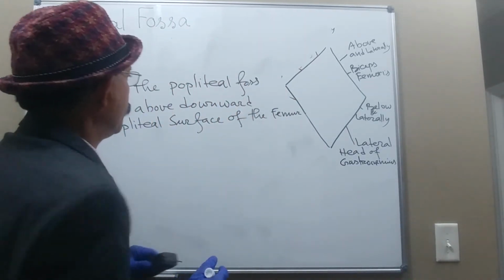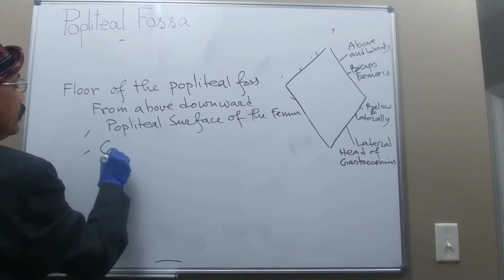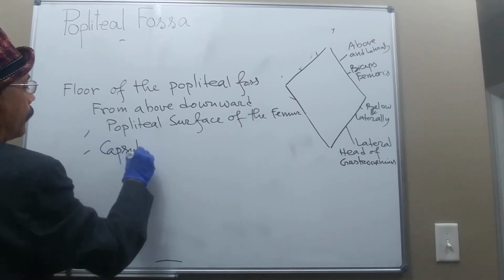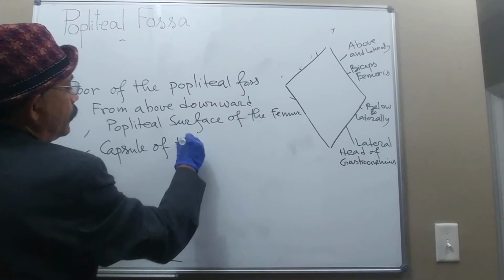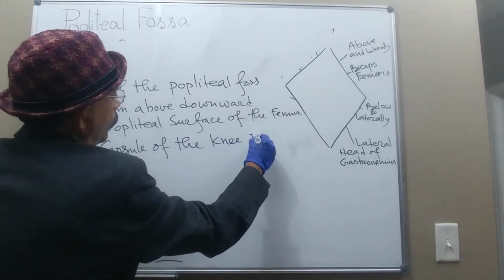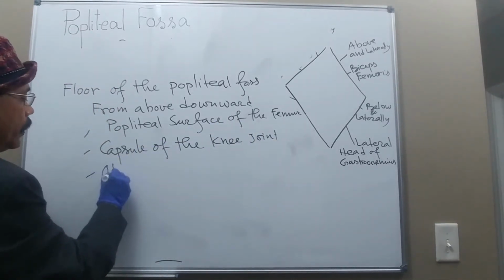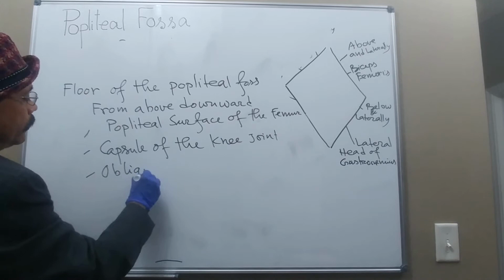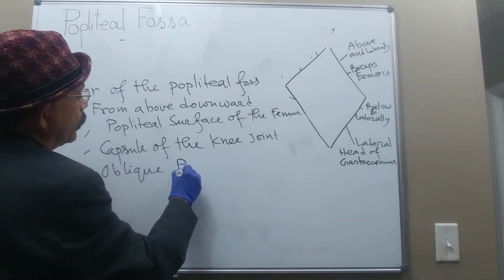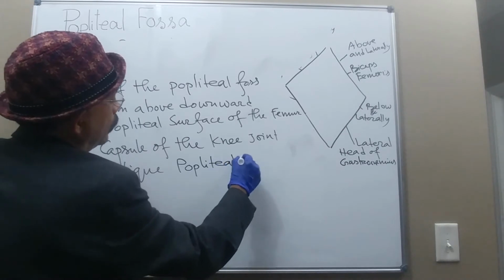Then we get the capsule of the knee joint. Then we get the oblique popliteal ligament.